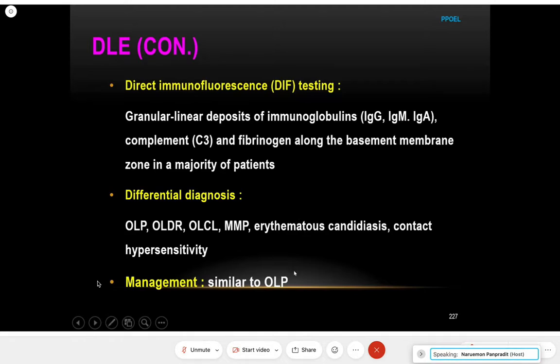Because it looks like lichenoid, you can think about this differential diagnosis. The treatment is also similar to lichen, such as topical steroids, with lifelong follow-up, because these lesions are potentially malignant disorders and have a chance to become malignant, even if the percentage is not so high.